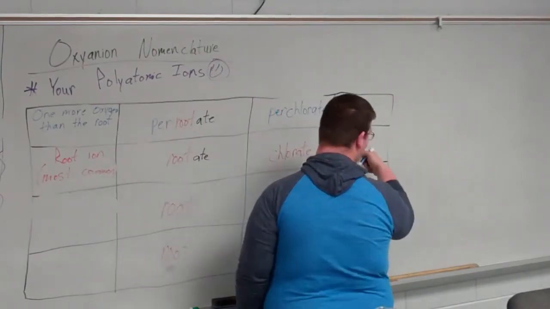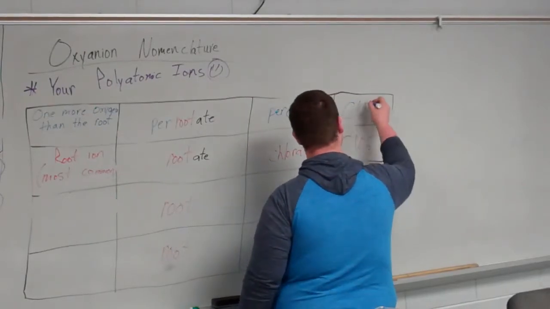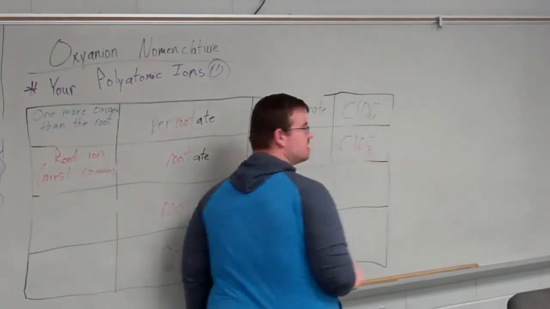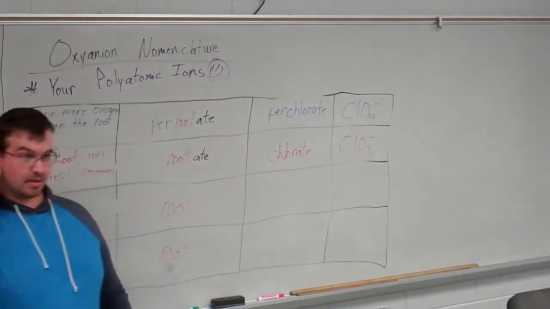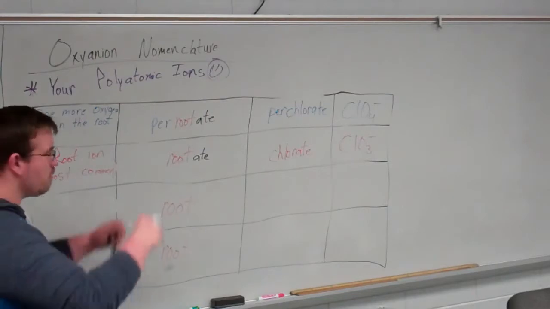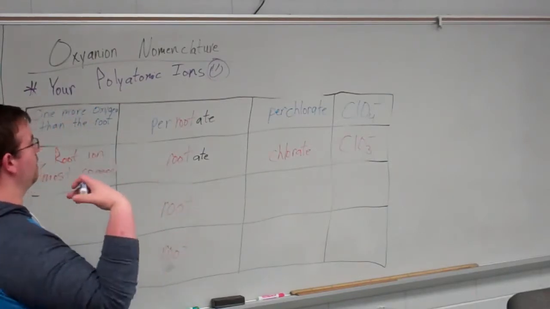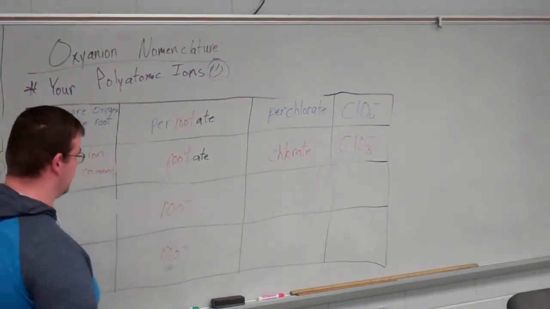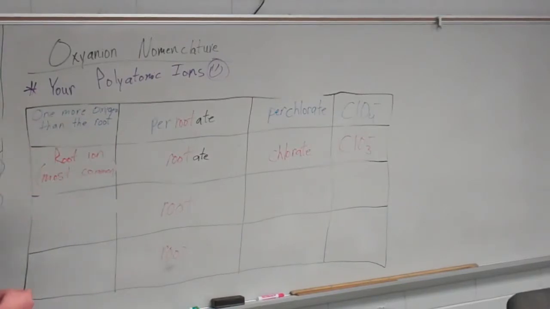Perchlorate. It's one more oxygen. And the simplest thing here for you, the charge stays the same. Trying to make your life simple here. So if you remember with chlorate, it doesn't matter if it's perchlorate or chlorate, it's got that -1 charge with it. Alright?